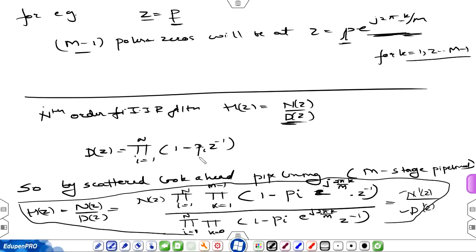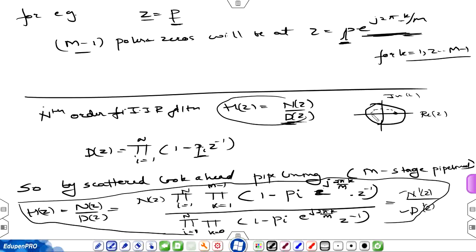Okay, and also this value p_i is less than 1 because this filter would have been a stable filter. So talking about the stability, so this is the real z, imaginary z, and p would have been inside the unit circle, and we are introducing extra M minus 1 poles and zeros with the same radius, different angular spacing.